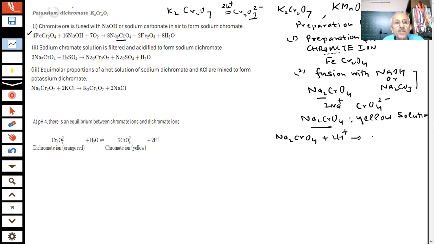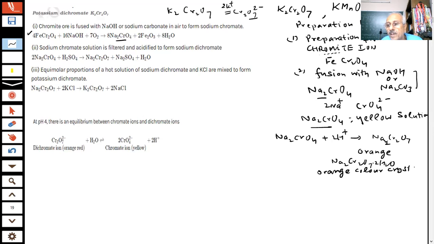And what you are getting, students, is Na2Cr2O7, sodium dichromate, orange in color. The color change is very important. Here I am again repeating, orange sodium dichromate will be there. This can be crystallized into Na2Cr2O7 2H2O. So these are orange colored crystals.